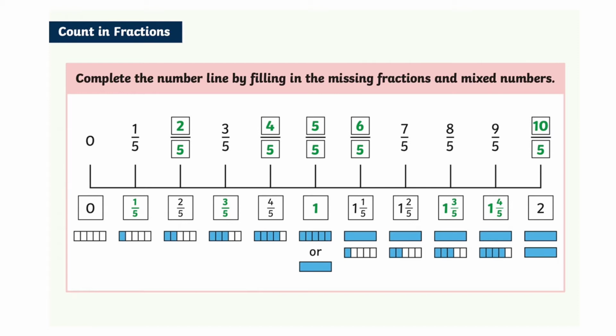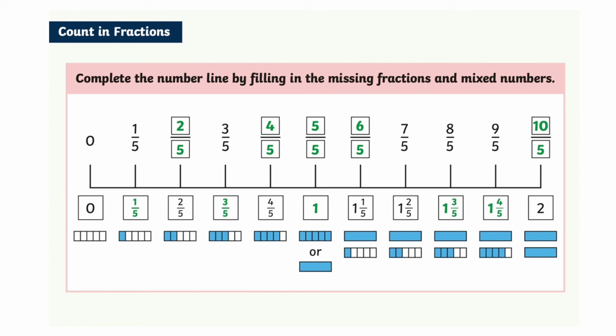So if you can count first of all before we go on, and let's see if we can count in thirds. Okay, starting from 0, and we'll count up all the way to 2. So you've got 0, you've got 1/3, 2/3, 3/3, 4/3, 5/3, 6/3. Now, if you use your mixed number fractions, it will be 0, 1/3, 2/3, 1, 1 and 1/3, 1 and 2/3, 2.